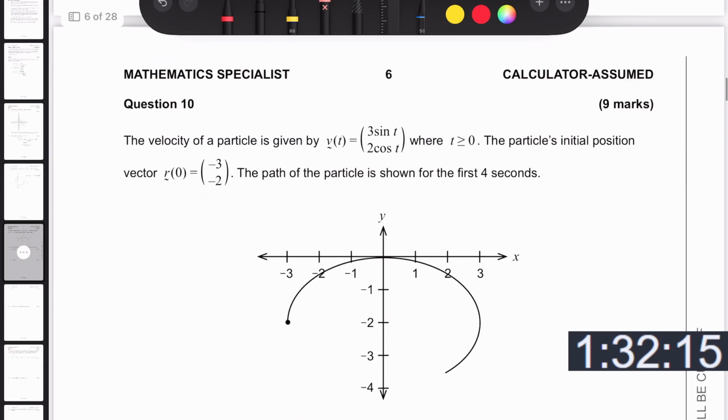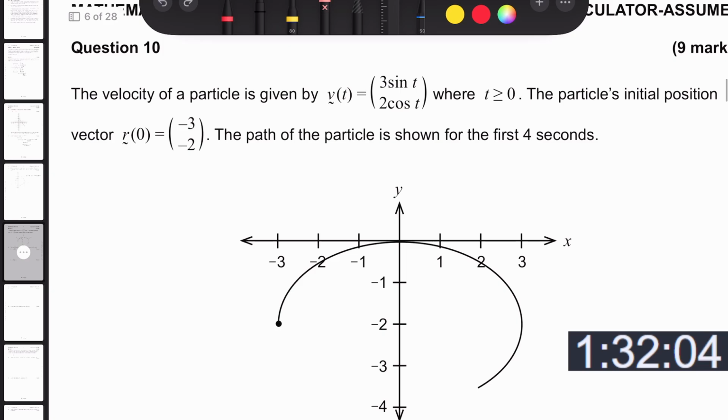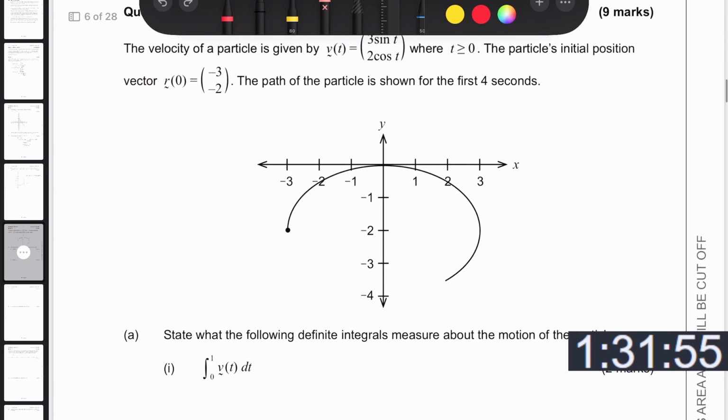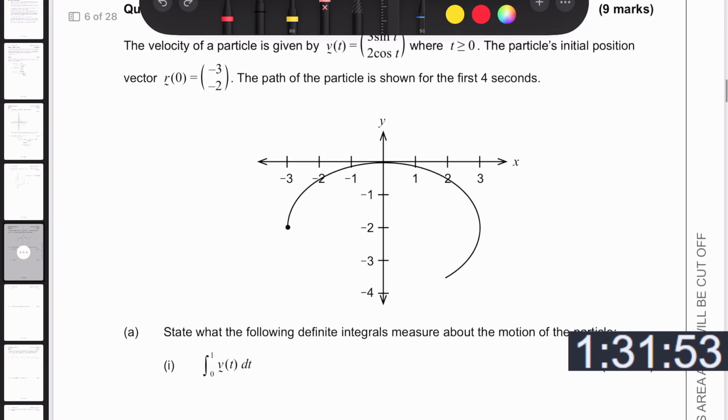Okay. Page 6. The velocity of a particle is given like that. The particle's initial position is -3, 2. So we start here. State what the following definite integral measures about the motion of the particle. So v of t is going to be that.